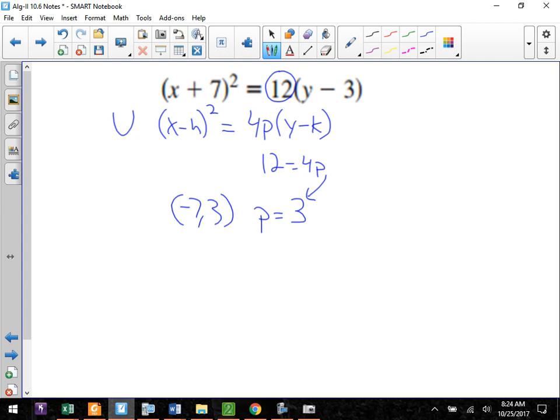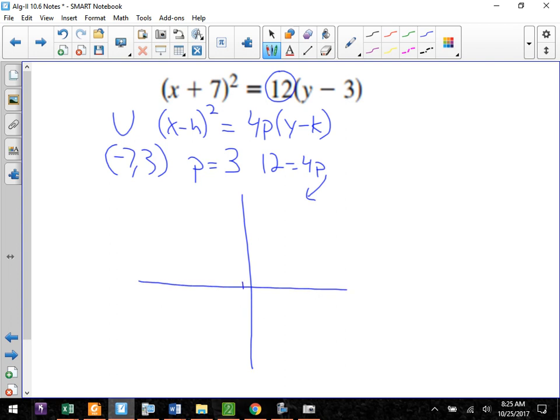Now remember, the p-value with the parabola tells you the distance from your center to your focus and from your center to your directrix. So when we go to graph this, there's my center. I know it's got to open upward, so the p-value has to move up.